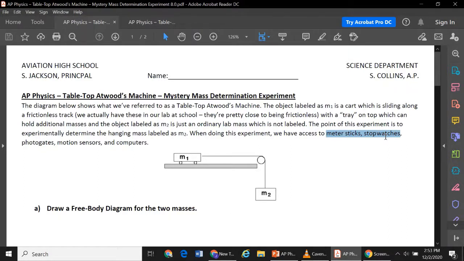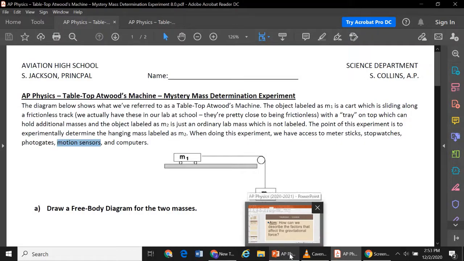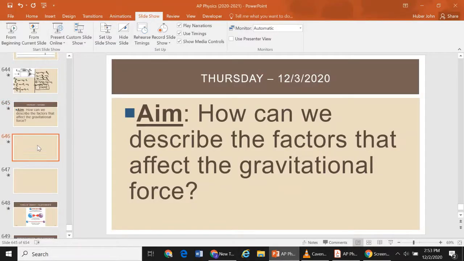It is by far the easier move to measure the acceleration with a motion sensor. Measuring the acceleration with a motion sensor is actually even easier than doing it with photo gates, because if you're going to measure acceleration with photo gates, you have to use multiple photo gates. Measuring it with a motion sensor is really easy because all you have to do is just put the motion sensor behind the cart.